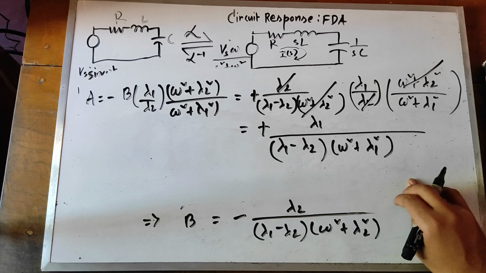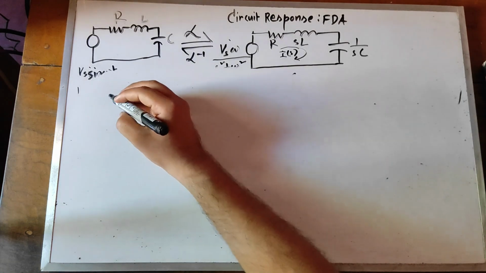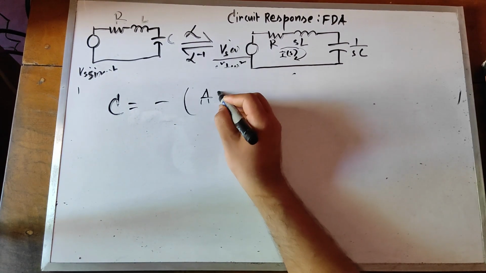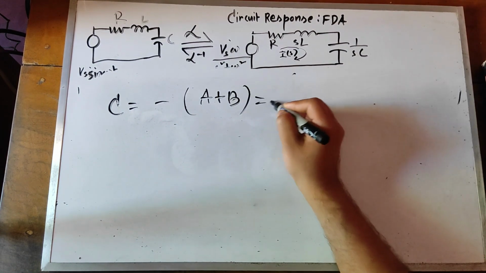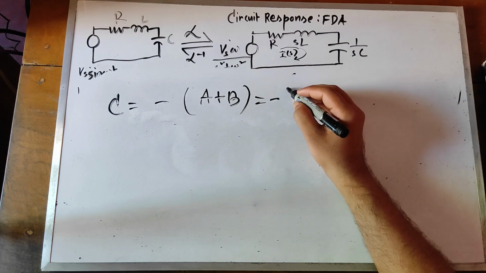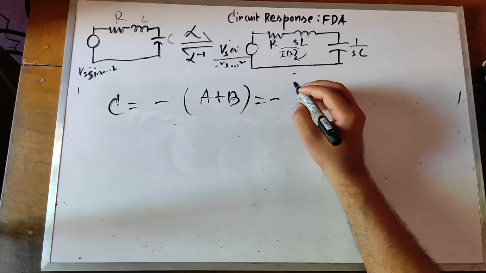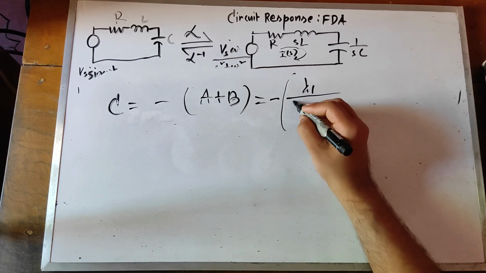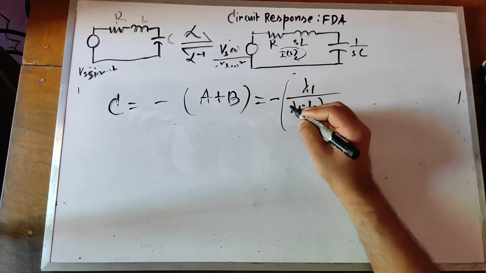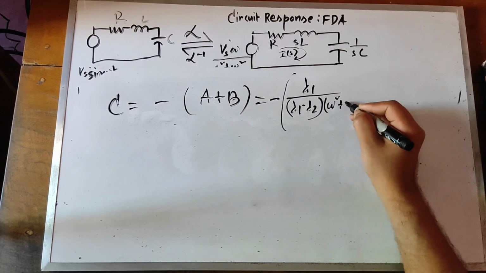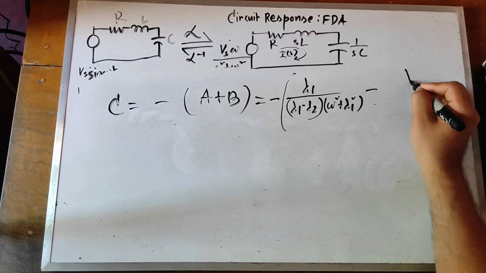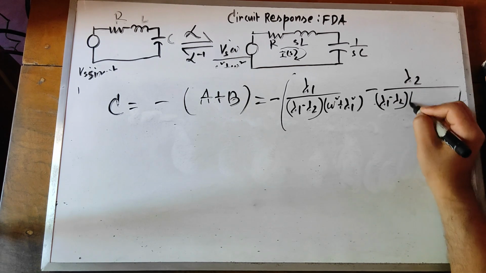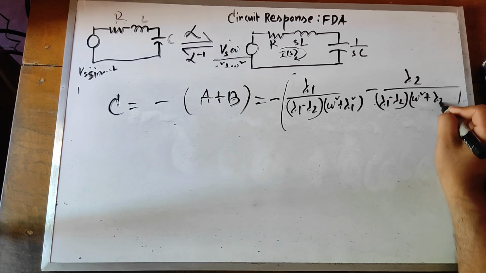So this is the expression for A. So C is minus (A plus B), so minus lambda 1 by (lambda 1 minus lambda 2)(omega square plus lambda 1 square) minus lambda 2 by (lambda 1 minus lambda 2)(omega square plus lambda 2 square).